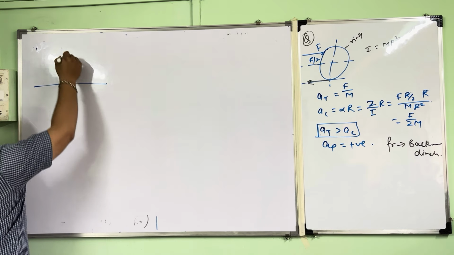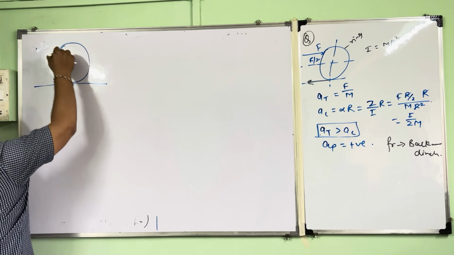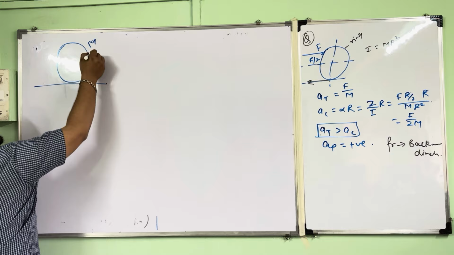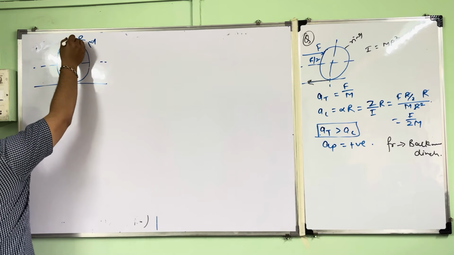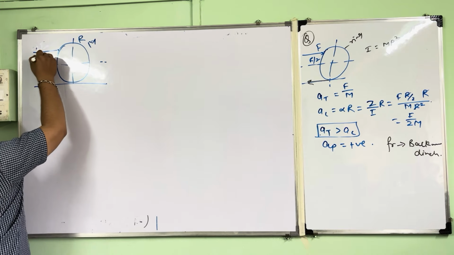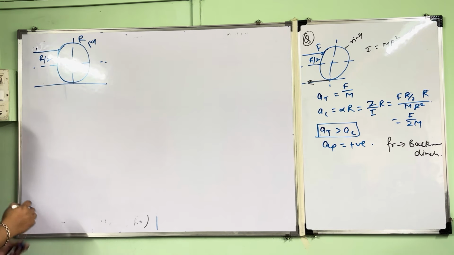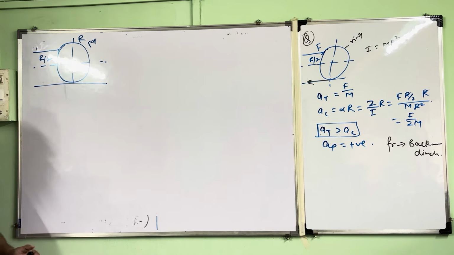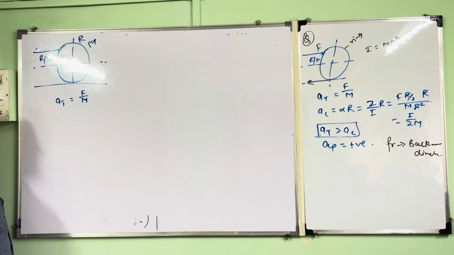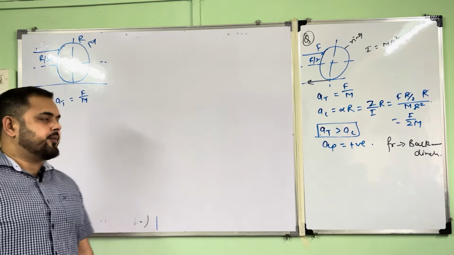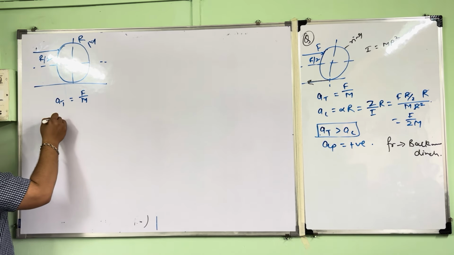So let us assume it is a disk of mass m, radius r, and the force is applied at r by 2. So what will be the tangential acceleration? That is same, AT equal to F by m. Nothing changes over here.